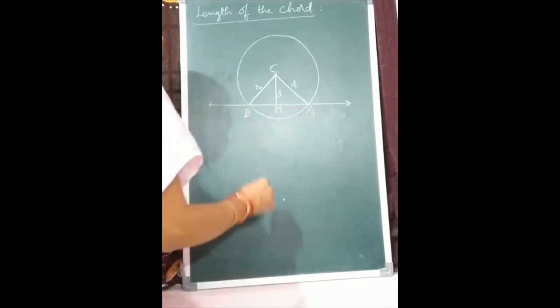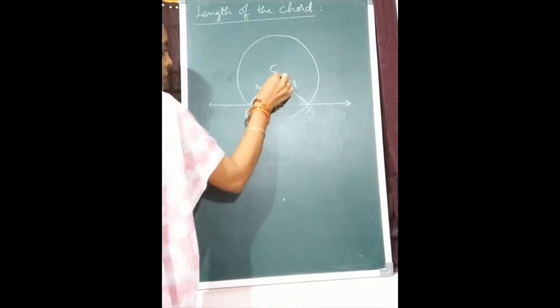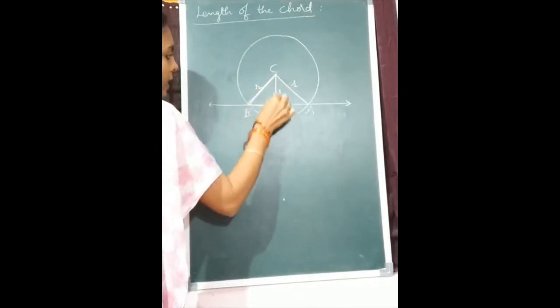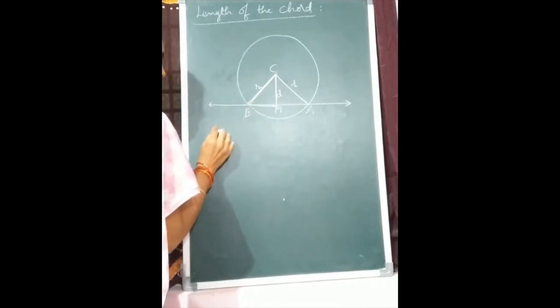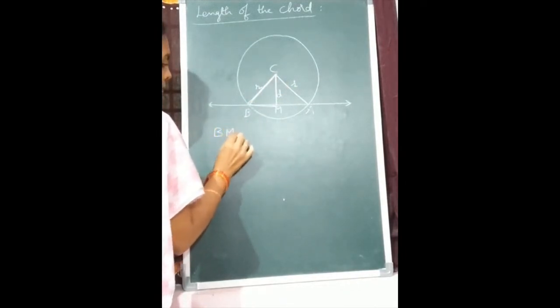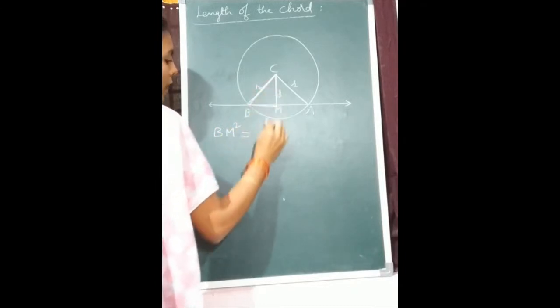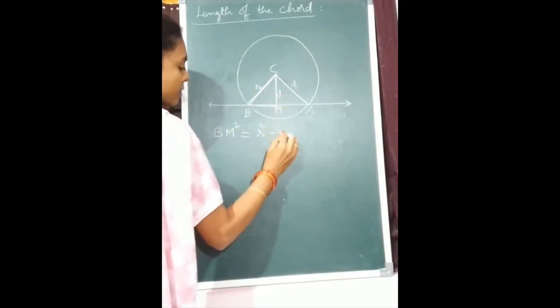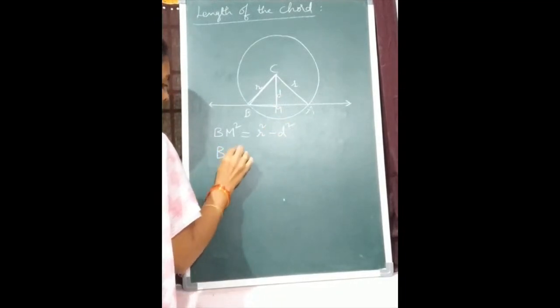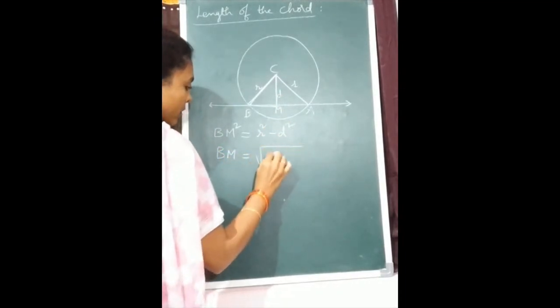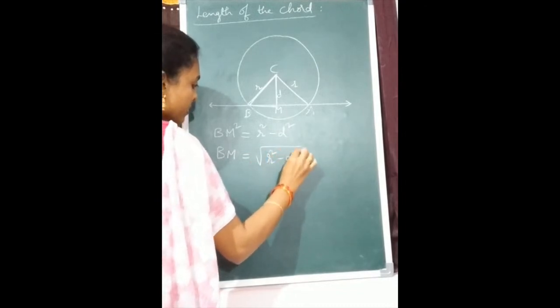So now look, this is a right angle triangle. From Pythagoras theorem, BM square is equal to R square minus D square. So BM is equal to root over R square minus D square.